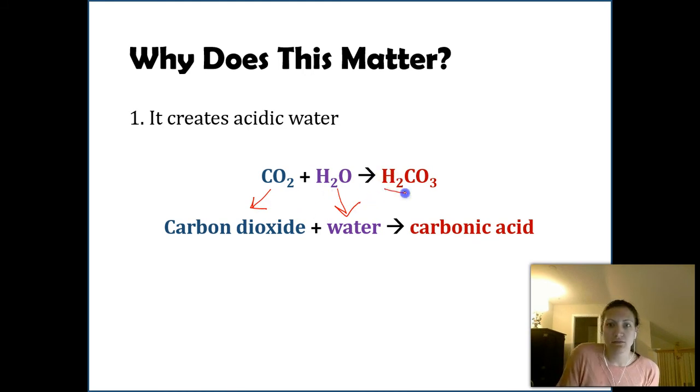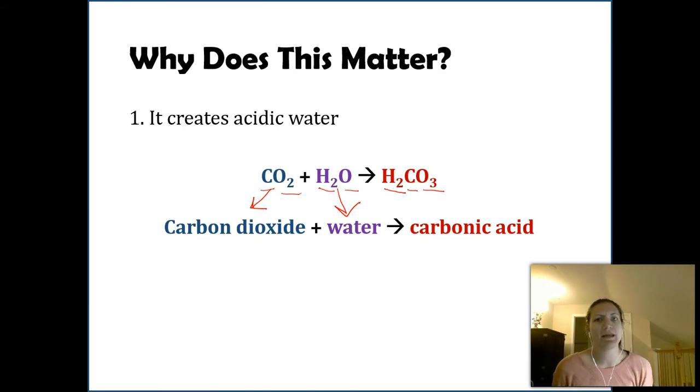So here's this H2, C, and then O3: H2CO3. Even if you can't remember H2CO3, all you need to remember is carbon dioxide plus water, and then add all those letters up together. And they make an acid. In this case, they make carbonic acid.